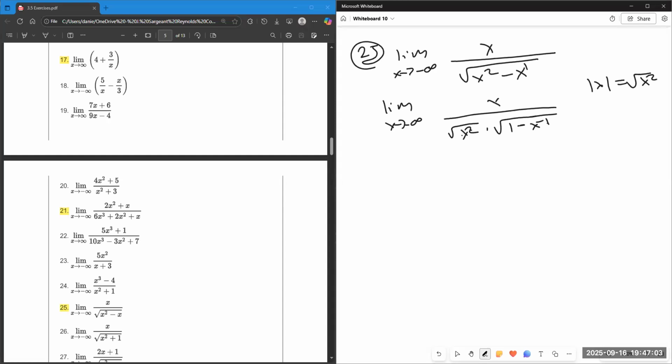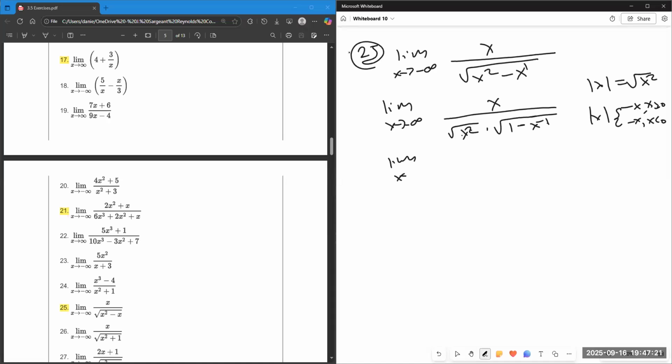So this is x. And then when I'm on the left-hand side, this absolute value here is a negative x. So that this is x when x is greater than 0, and negative x when x is less than 0.